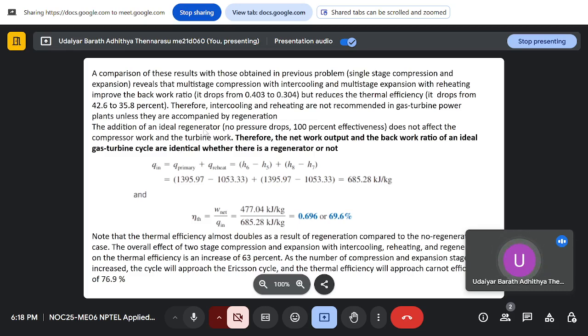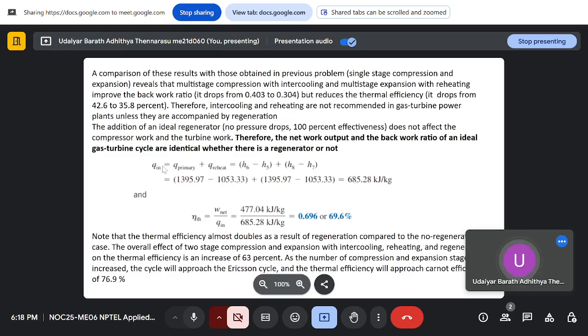If we use an ideal regenerator, which has 100% effectiveness, then the net work output and the back work ratio of the ideal gas turbine cycle are the same, so your back work ratio will still be 30.4%.